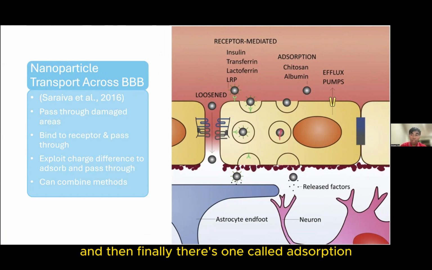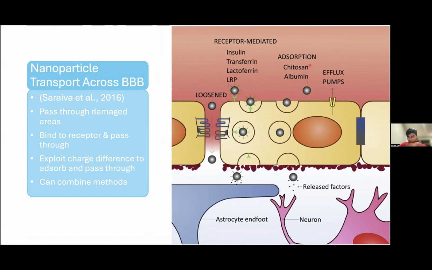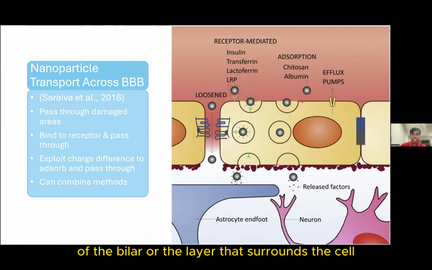And then finally, there's one called adsorption, which uses chitosan and albumin, which are two natural nanoparticles. Essentially, these are positively charged particles, and because the phospholipid bilayer's heads are negatively charged, as they get closer, they're attracted to the head of the phospholipid bilayer, the layer that surrounds the cell, meaning that they start to form an indentation into the cell.